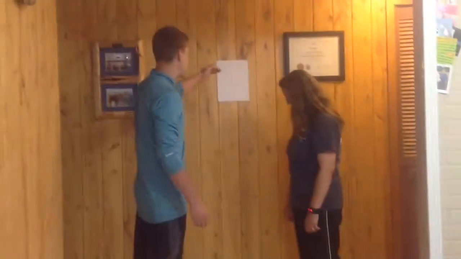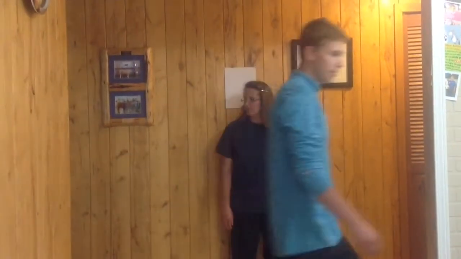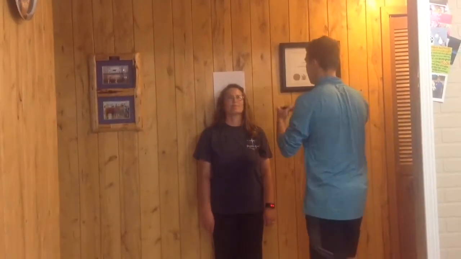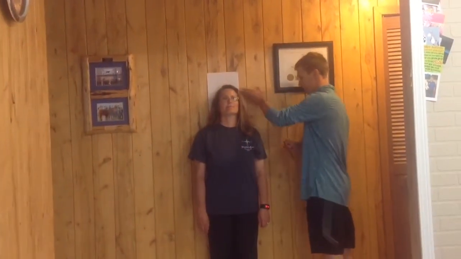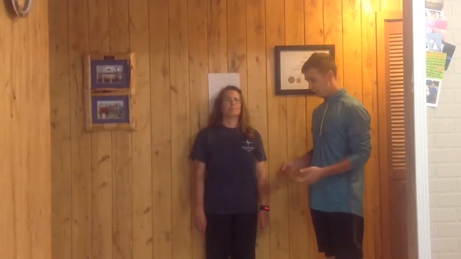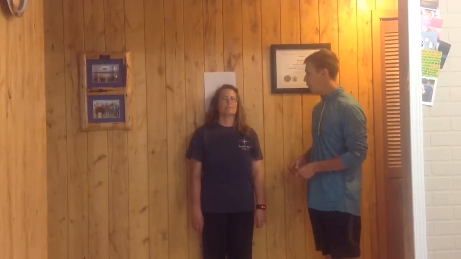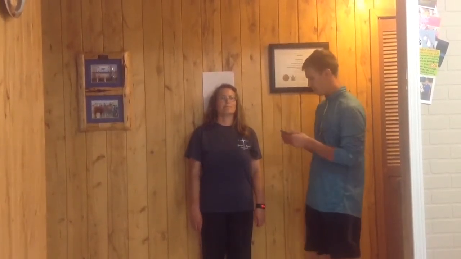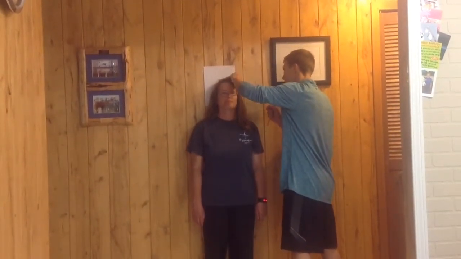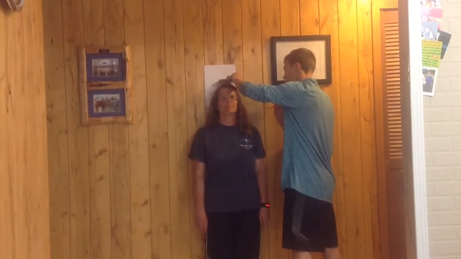The next value that we need is height. So what Mom's going to do is just stand, and we make sure that the back of the head is touching, the shoulders touch, and the heels touch. This is just for the accuracy of the assessment so that we can ensure that she is not slouching and throwing off the results. Okay, go ahead. Walk away.